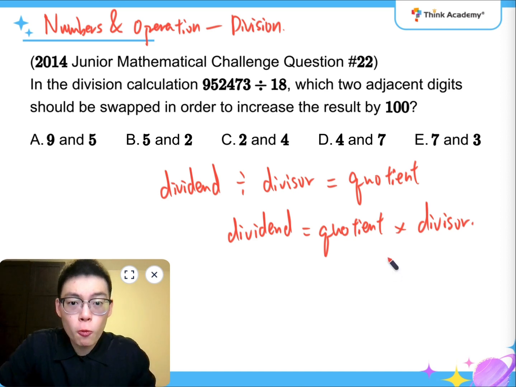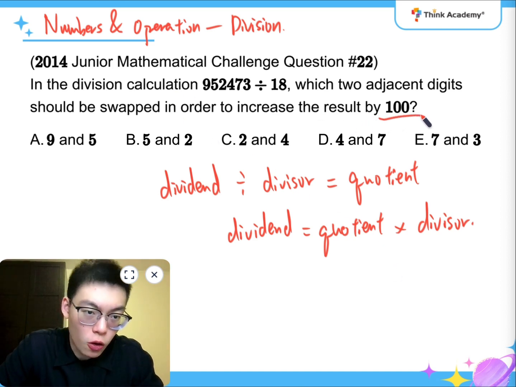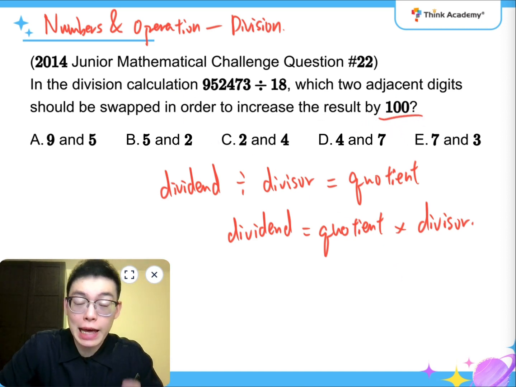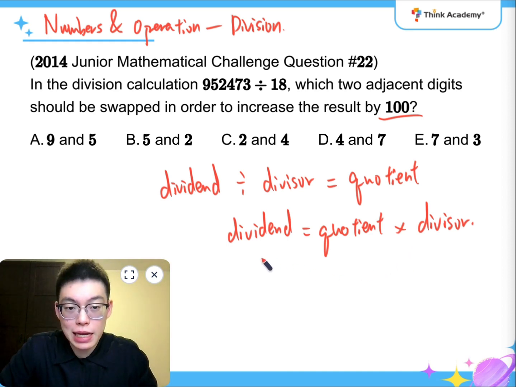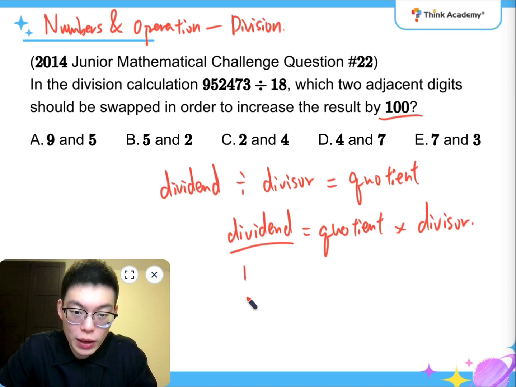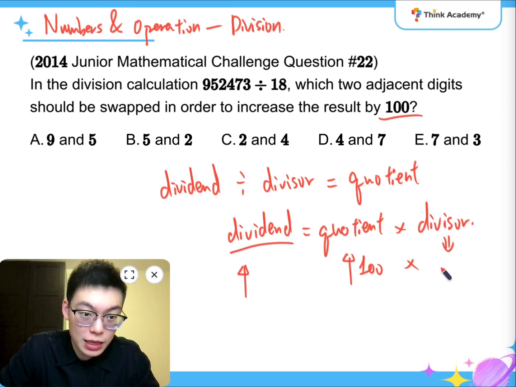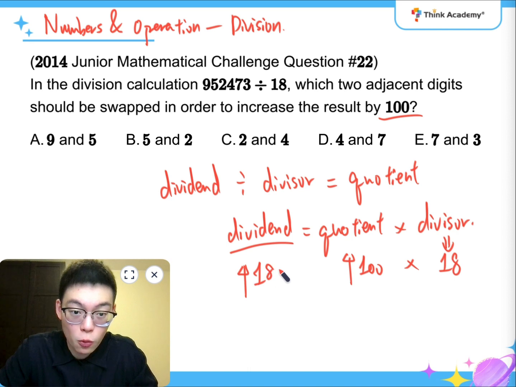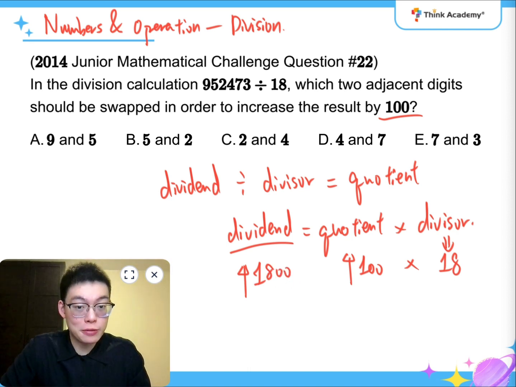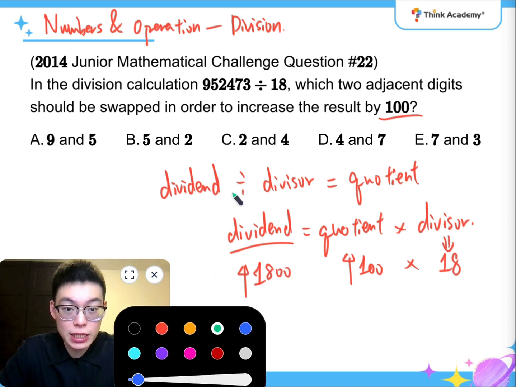So when the quotient is going up by 100, it means that the dividend is going up by 100 times the divisor, 18, which is 1,800.